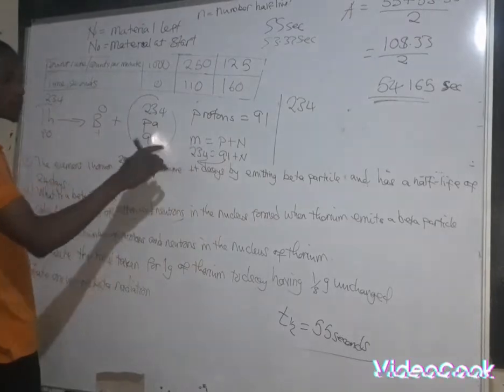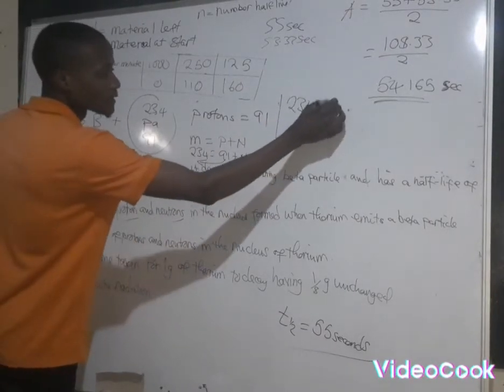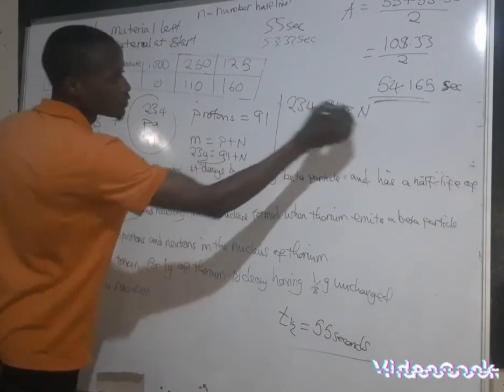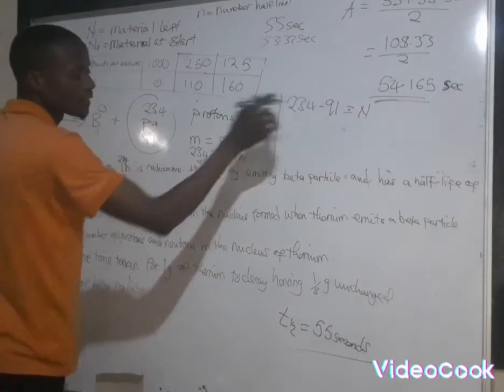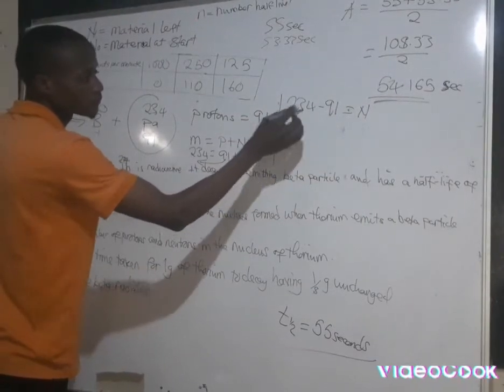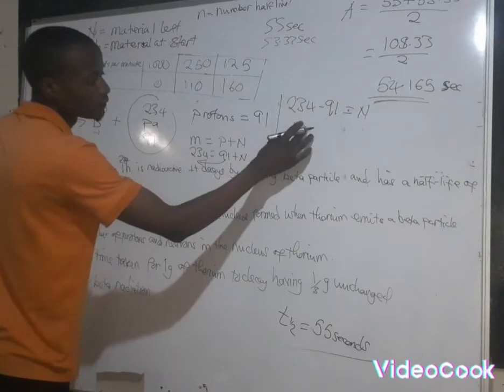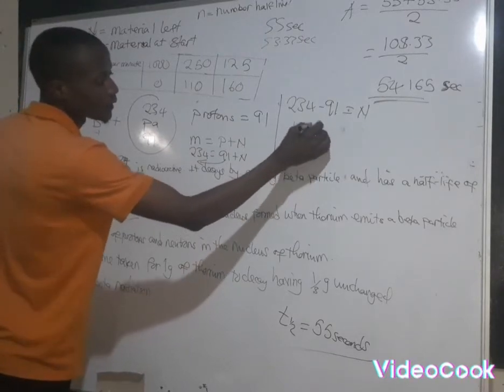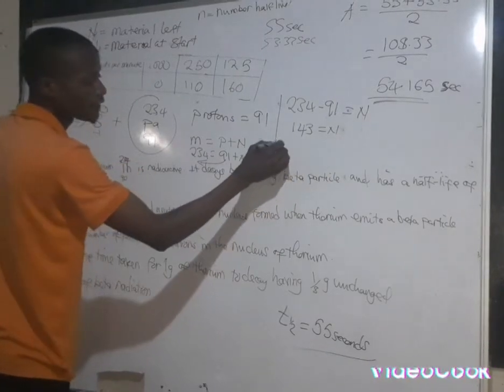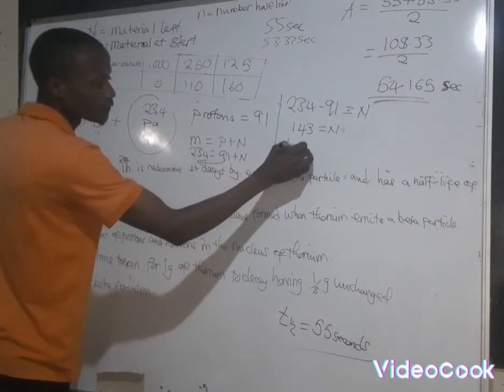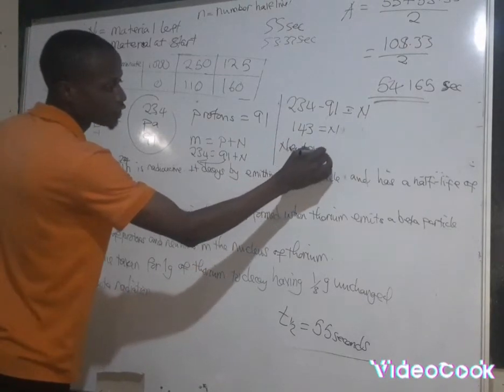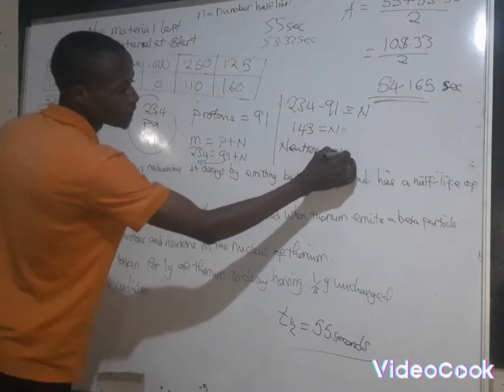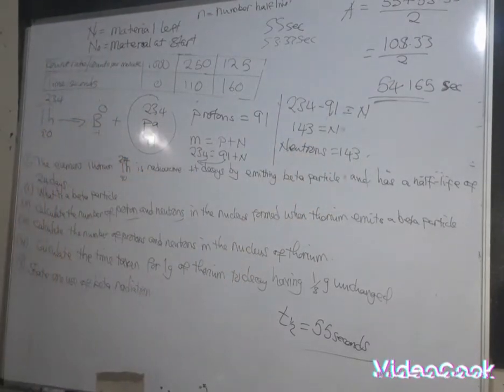So 234 minus 91 equals the neutron number. 234 minus 91 is 143. Therefore we have 143 neutrons.